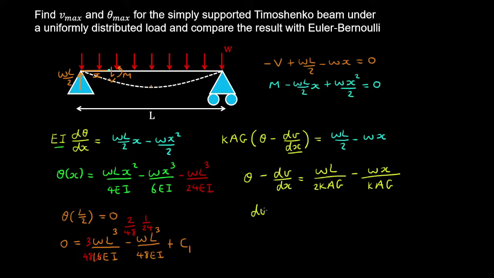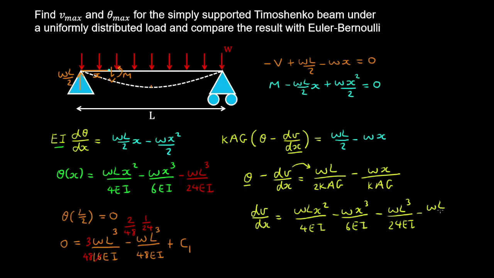And therefore dv dx, if we put it on this side, is equal to theta, which is WLx squared on 4EI minus Wx cubed on 6EI, and then minus WL cubed on 24 EI, and that's minus WL on 2 kappa Ag, and then plus Wx on kappa Ag.